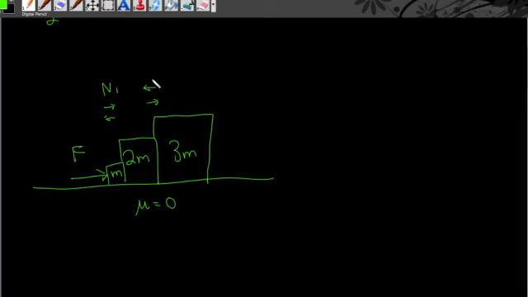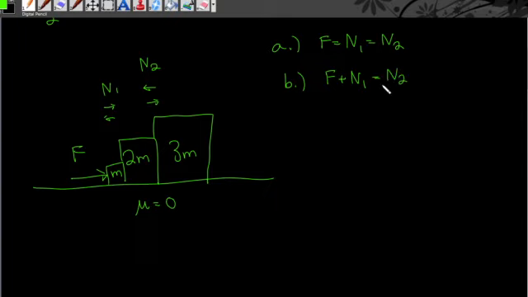So these are exerting normal force of n sub 2 on each other. Then the question gives us options. Option A is that F is equal to n sub 1, which is equal to n sub 2. Option B is F plus n sub 1 is equal to n sub 2.